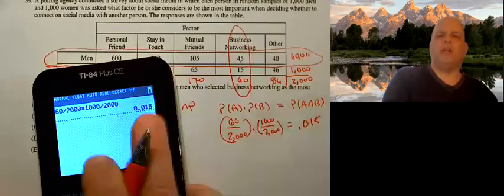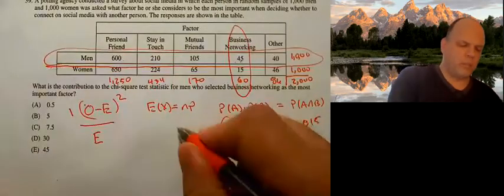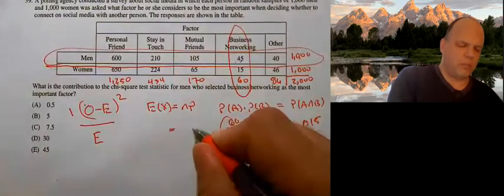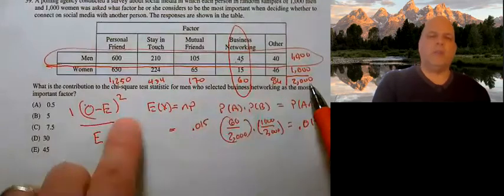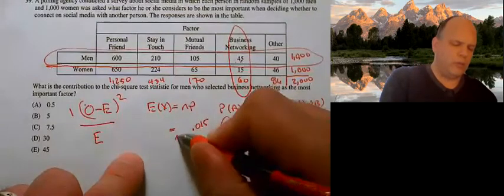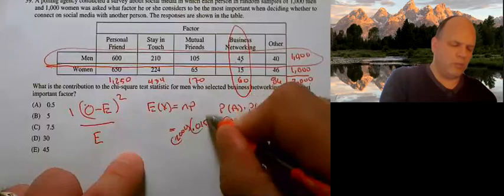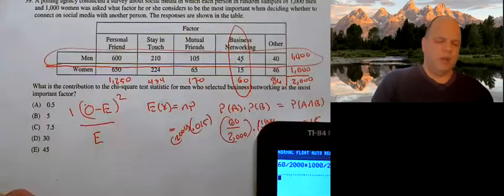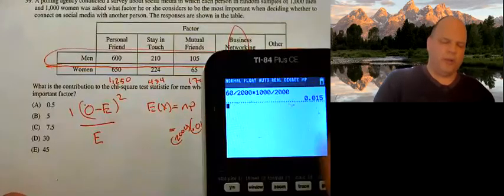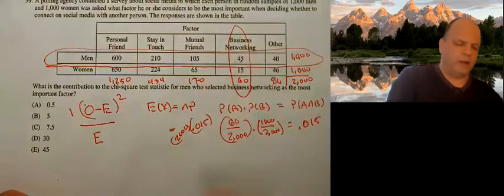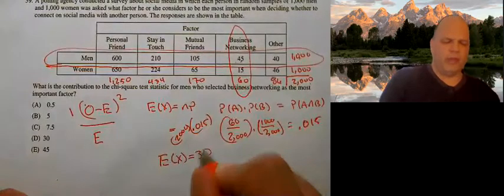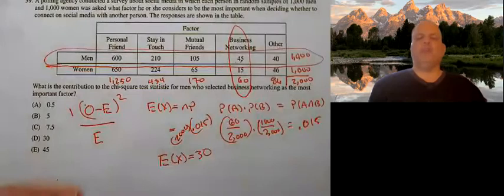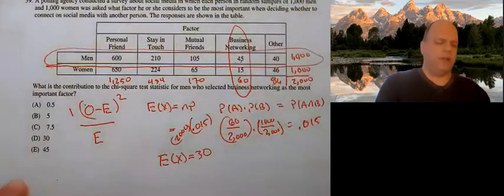But that's the probability. Well, what was my sample size? Because now I need my n. My n was 2,000. So I'm just going to multiply that by 2,000. And I find out that my expected value equals 30.